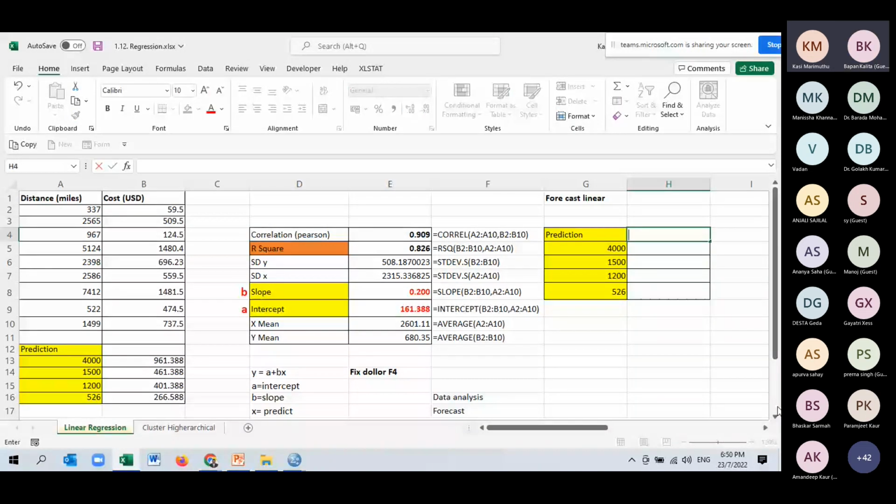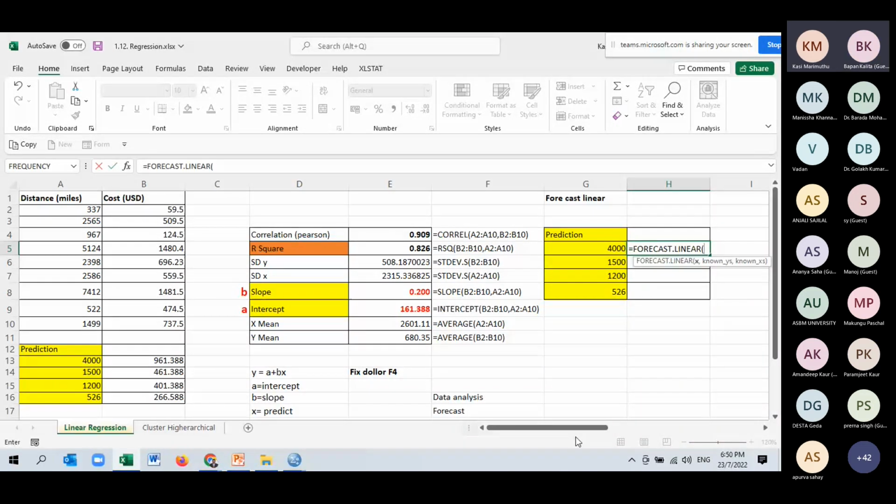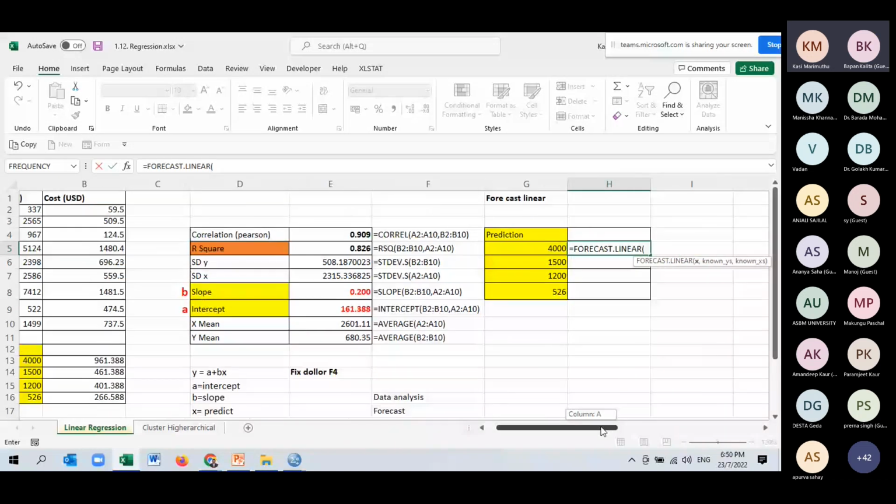You all follow me? Equal to, just put forecast. Yes, sir. Just put forecast linear. Double click forecast linear. It is asking you for your X and Y. Forecast linear.